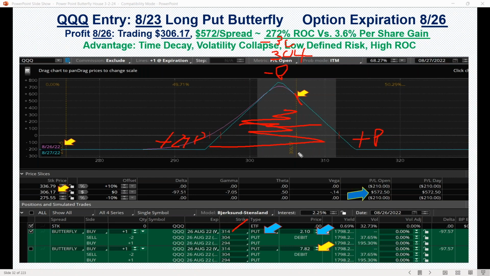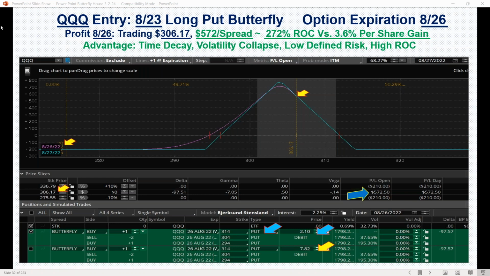This spread went from $210 on the 23rd. If you did one contract, it went up to $782. That's a return per spread of $572 on your risk of $210, a return of 272%, versus if you'd done the shares, you would have had a 3.6% return.